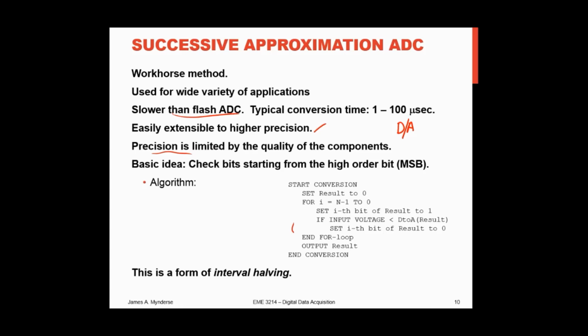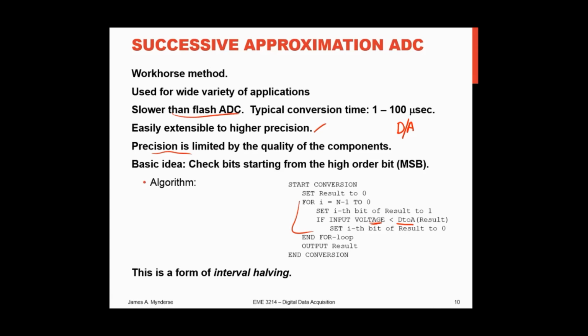And you just go through this loop comparing the D to A output to the input voltage, and if it's higher or lower, you set or clear the next bit down and go along.